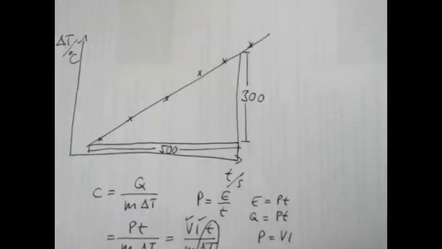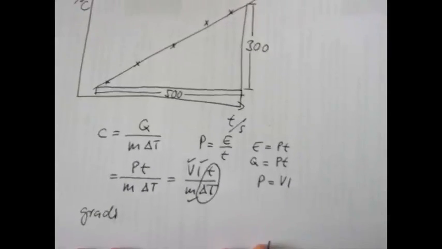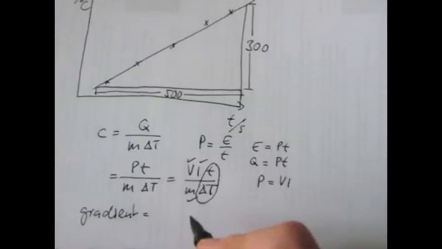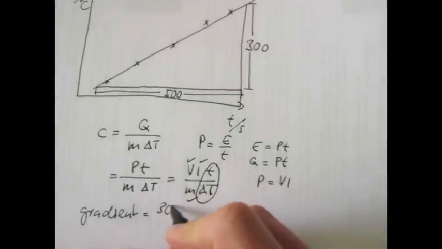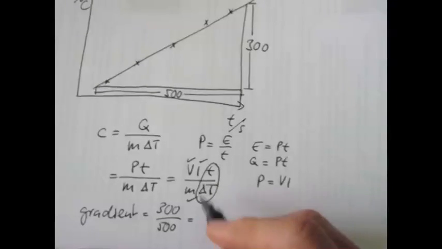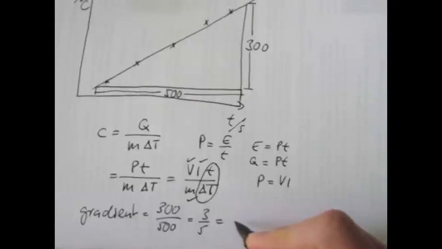Then my gradient would be equal to 300 over 500, so that would be equal to 3/5, and that is 0.6.